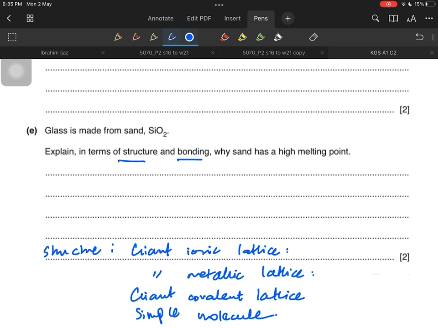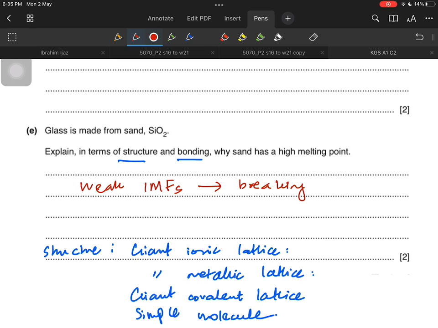For bonding, you can talk about electrostatic attractions, van der Waals forces, weak intermolecular forces. But you need to use the correct keyword. If you don't do that, you end up losing marks. One thing that people also do wrong is they talk about weak intermolecular forces and they talk about breaking them.